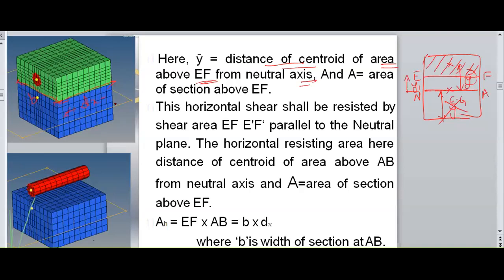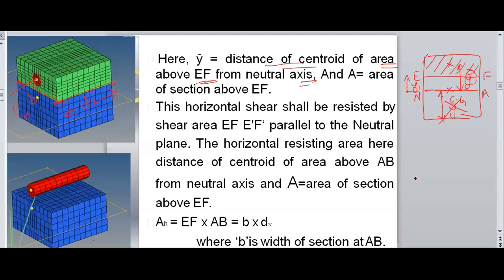Consider a small element, and the force applied here is F horizontal. So here I need to find out the shear stress in between the green color and the blue color.